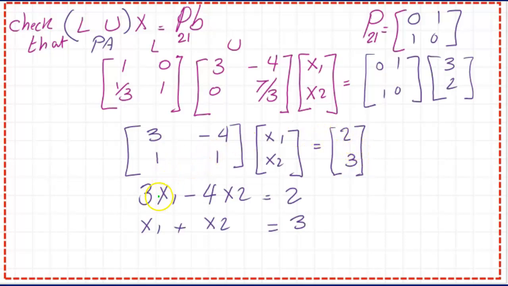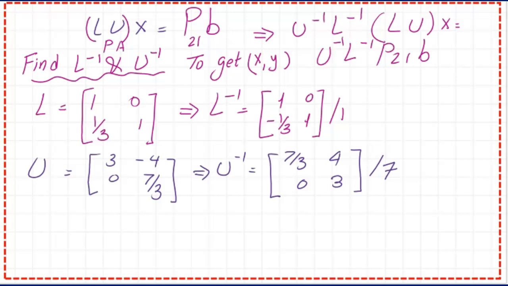We can write the expression for x1 and x2 as two equations. We have 3x1 minus 4x2 equal to 2, and 1 by x1 plus 1 by x2 equals 3. In order to solve for x, we know if LUX equals PB, we multiply by L minus 1, or the inverse of matrix L, and at the end we multiply by U minus 1.